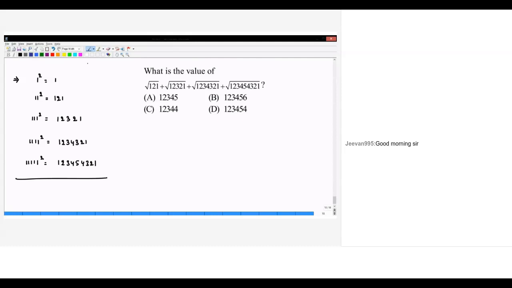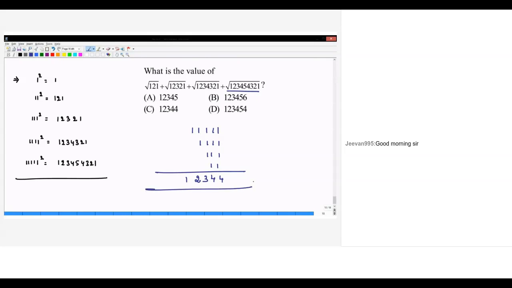Come from the last: 5 ones, 4 ones, 3 ones, 2 ones, 4, 4, 3, 2, 1.